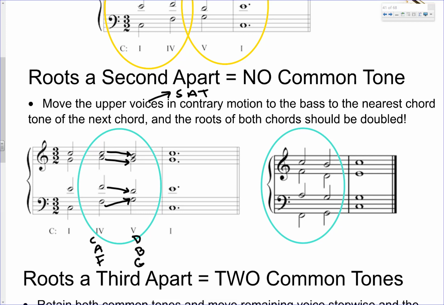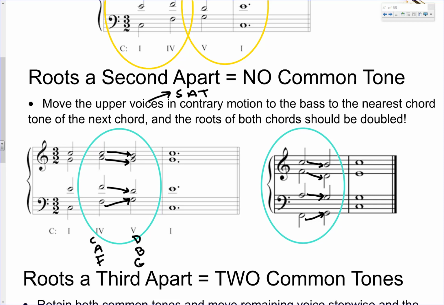Let's look over here in the second example. My bass is moving up by a second, so there's no common chord tones that exist between both chords. And if my bass is moving upwards by a second, then my upper voices have to move down in contrary motion to that of the bass to the nearest chord tone.